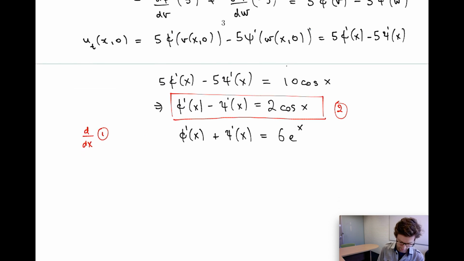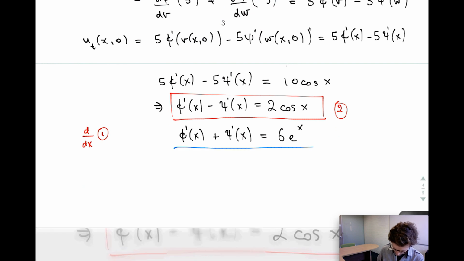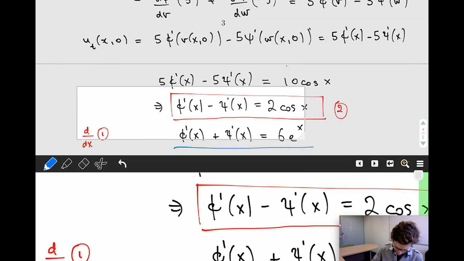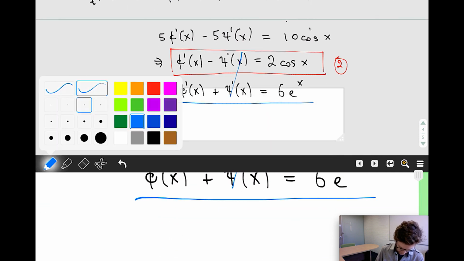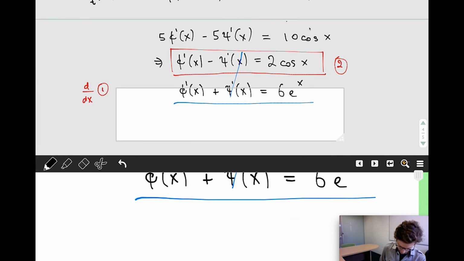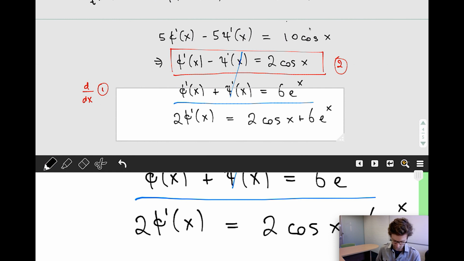And now I can add together those two equations. See that I get cancellation between the psi primes. And so I get the following expression for phi prime. Phi prime x plus phi prime x is equal to 2 cosine x plus 6e to the x. So this is an equation for phi prime.